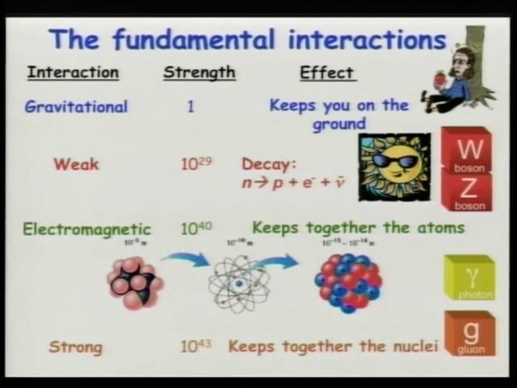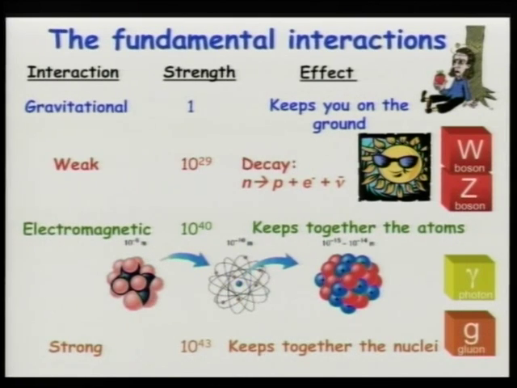Then we have forces. We have 4 fundamental forces. We have the gravitational, the weak, the electromagnetic, and the strong. The weak is called weak, but if you think that the gravitational is 1, the weak force is 10 to the 29th times the gravitational, and is responsible for the decay.